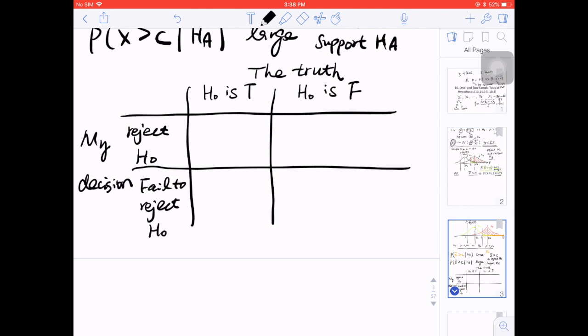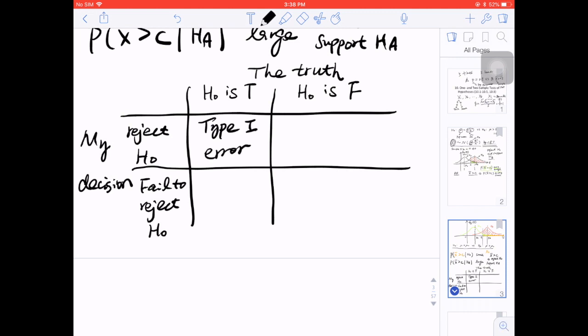All right, so when the truth is H0 is true, but your decision is to reject H0, which means you have made a mistake, right? We're going to call this type 1 error.